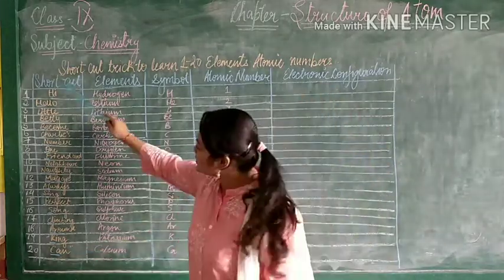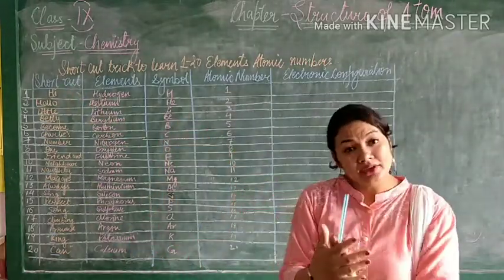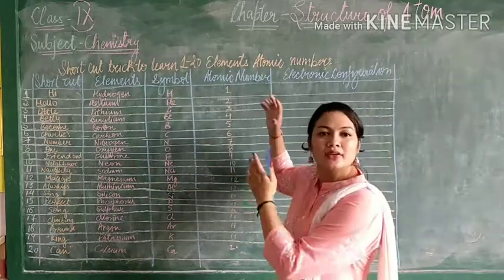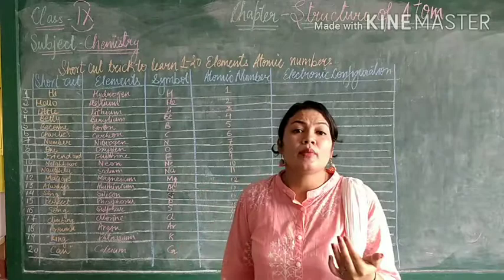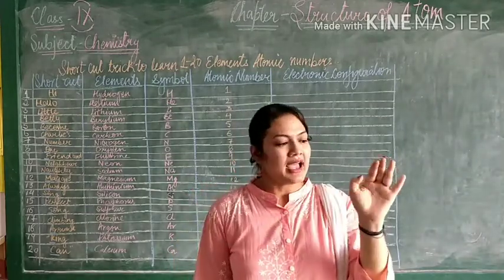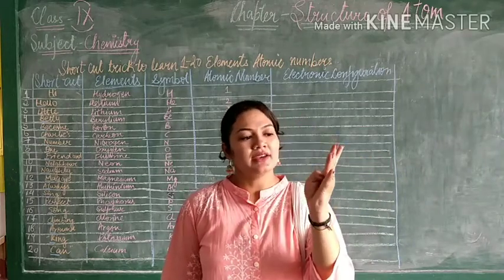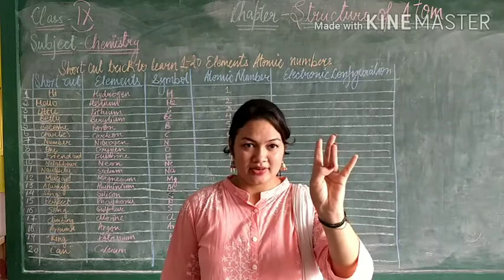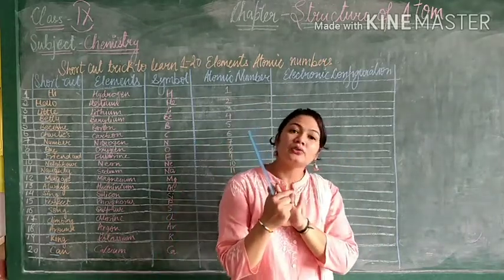So this is how you just have to learn the shortcut, and on your fingertips you can know which element has which atomic number. Like if I ask what is the atomic number of sodium? Sodium is represented by Na. So hi, hello, little Betty become Charlie's number 1 friend and neighbor. Naughty, 11. Naughty is coming on the count of 11.